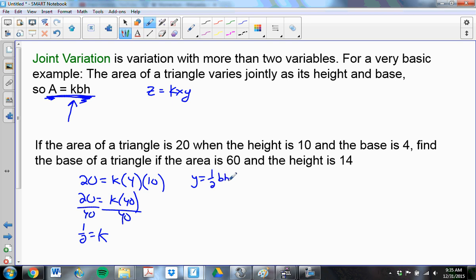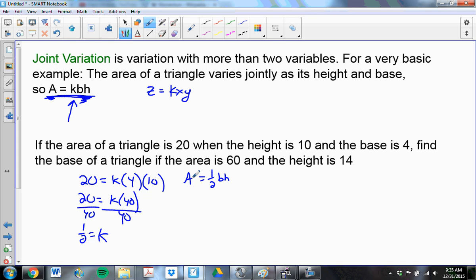Really, area, A equals 1/2 times base times height. But this is kind of just to show what that k value really stands for. It stands for some constant that's just always present in your formula. In this case, it's the 1/2, because the base times the height times a half gives you your area.